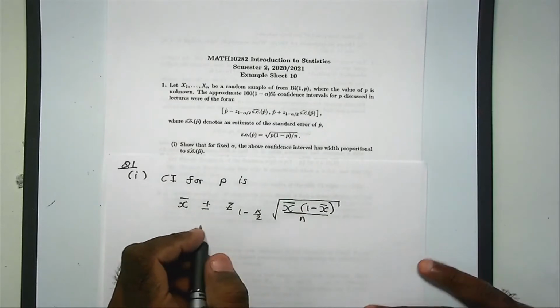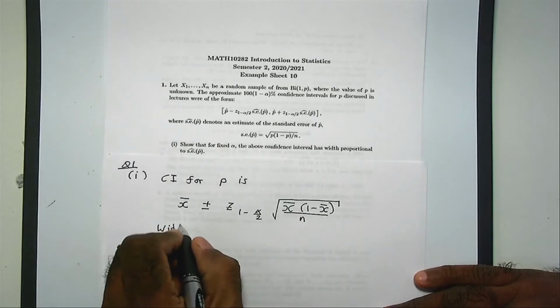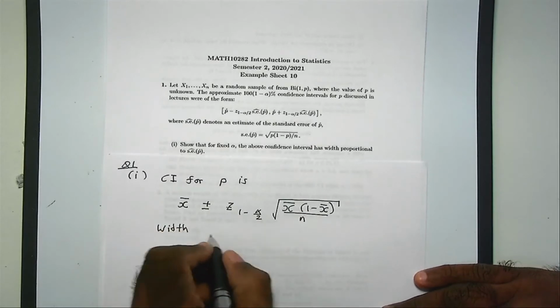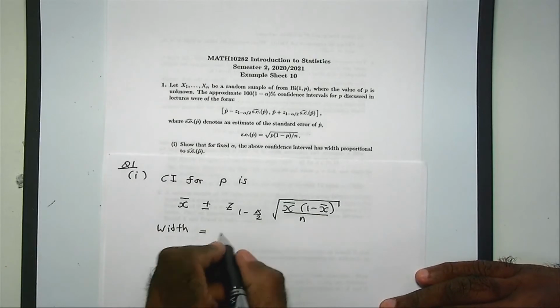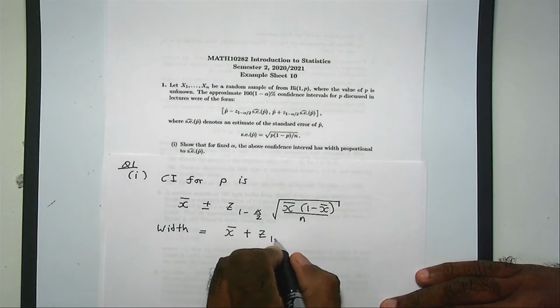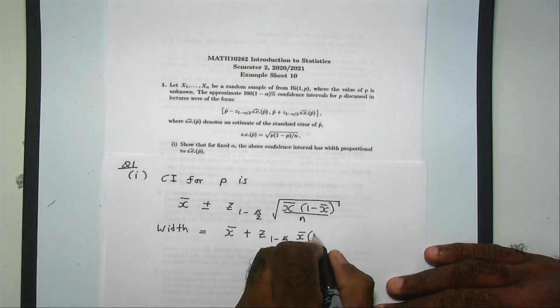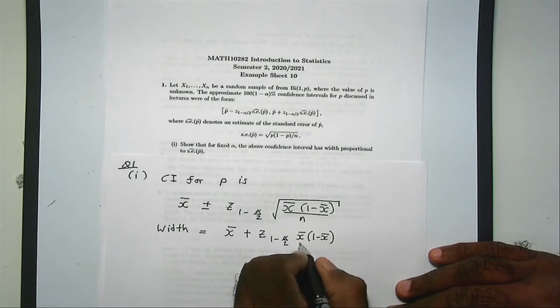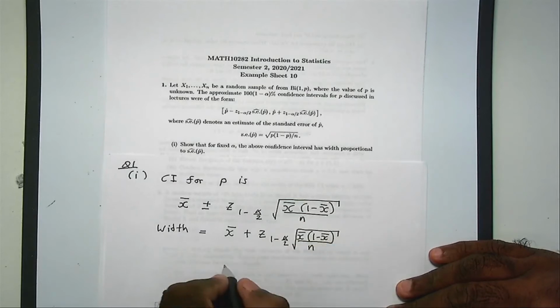Now we want to find the width. The width is clearly the difference between the upper limit, minus the lower limit.